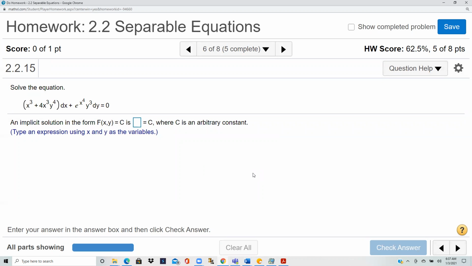Okay, so this one, let's see. First, we need to separate the variables. So first, let me show you the steps here.